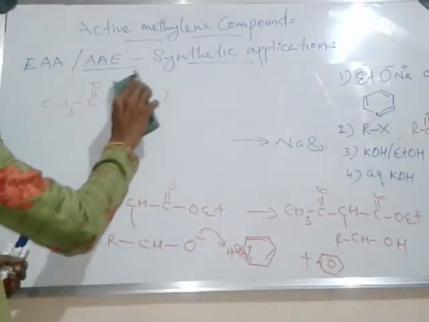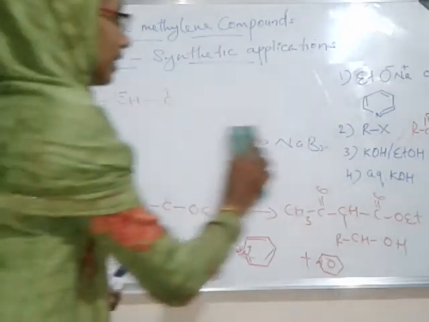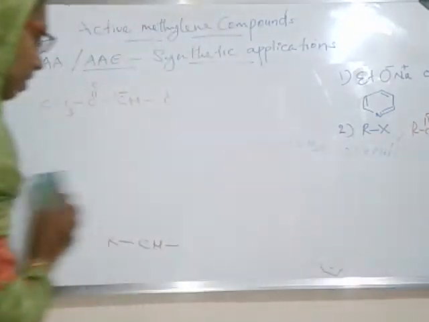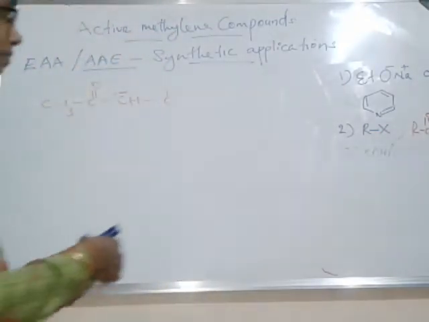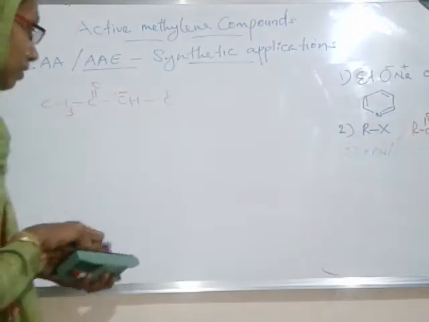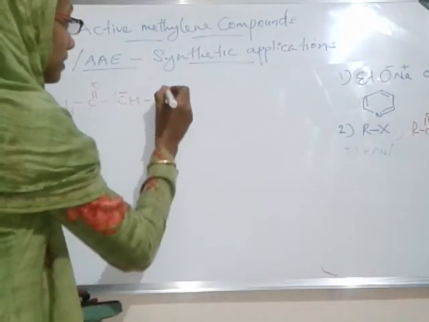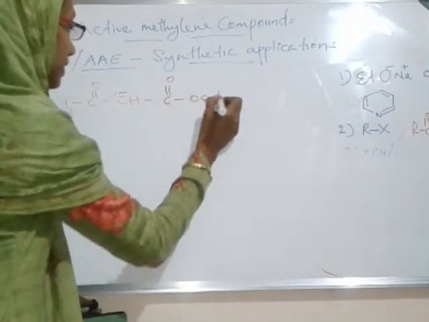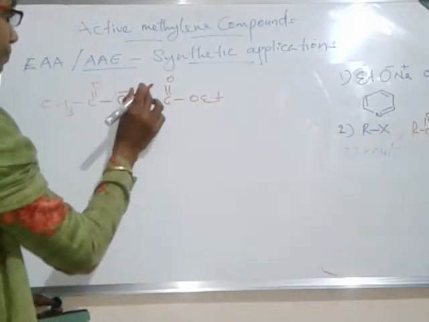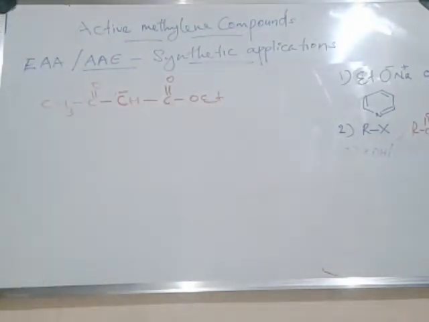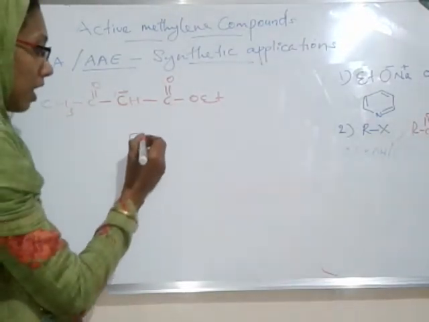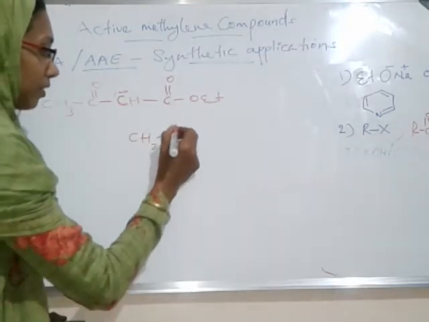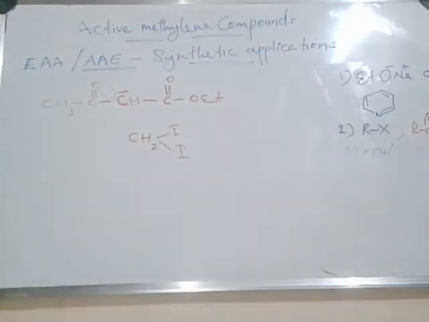Then if you react it with a diiodoalkane or dihaloalkane, and we react it with diiodomethane, what is the product formed?